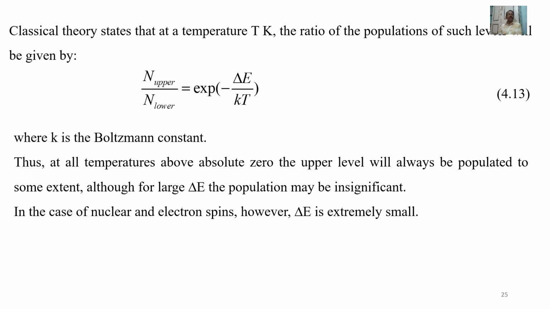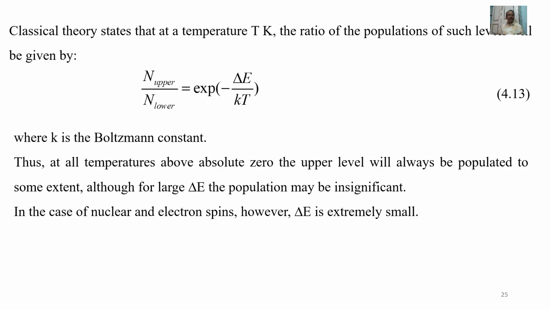Classical theory states that at a temperature T Kelvin, the ratio of the populations of such levels is given by n upper by n lower, which is equal to e power minus del E divided by kT, where k is the Boltzmann constant. Thus, at all temperatures above absolute zero, the upper level will always be populated to some extent, although for large del E the population may be insignificant.